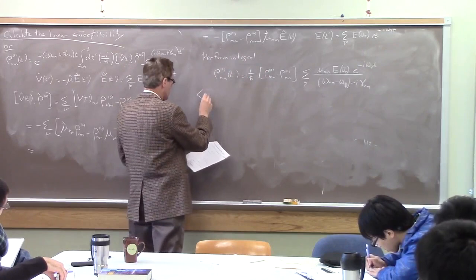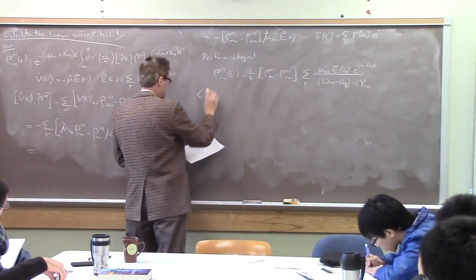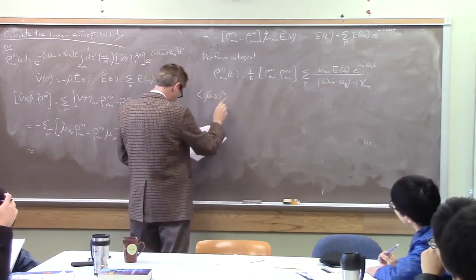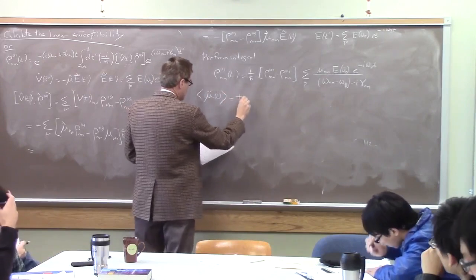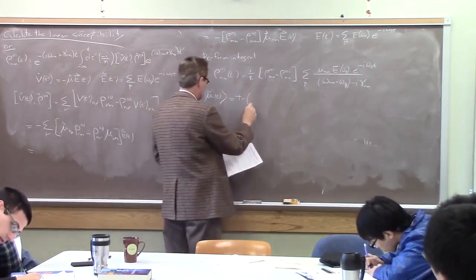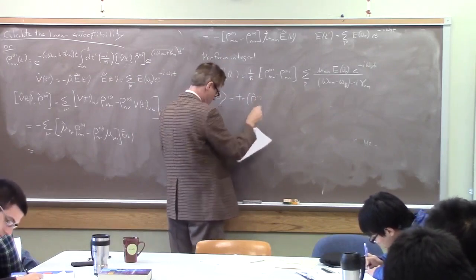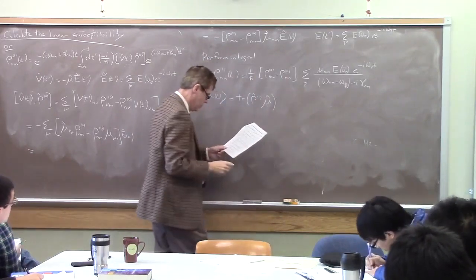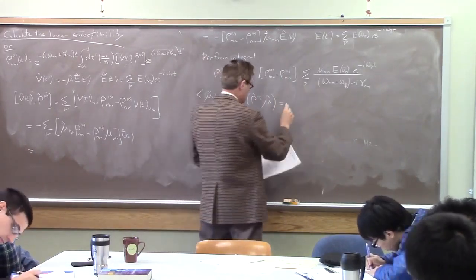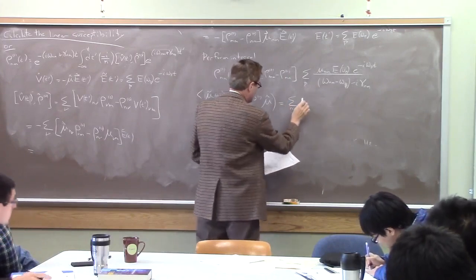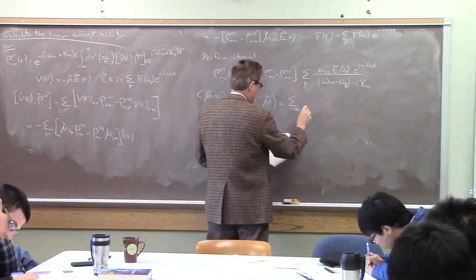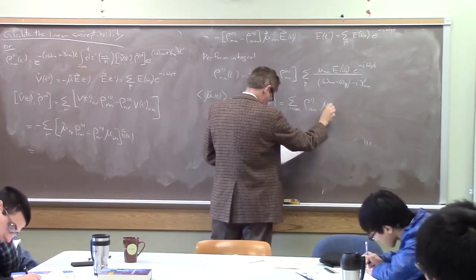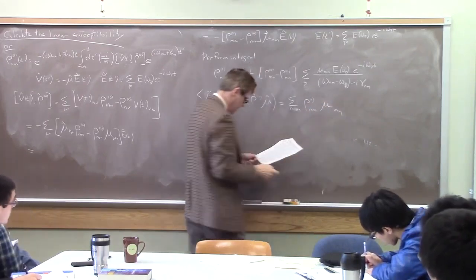We want to calculate the expectation value of the dipole moment at time t, and we know that this is the trace of rho 1 times the operator mu, and that this is equal to the sum over n and m of rho 1 n m mu m n.